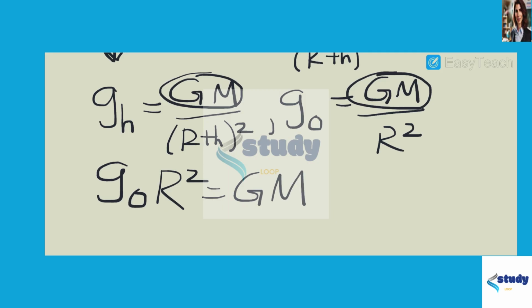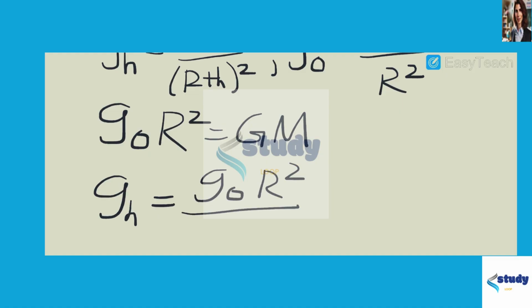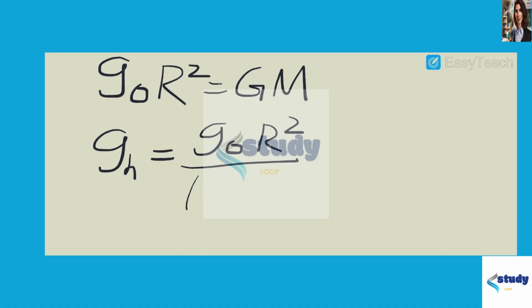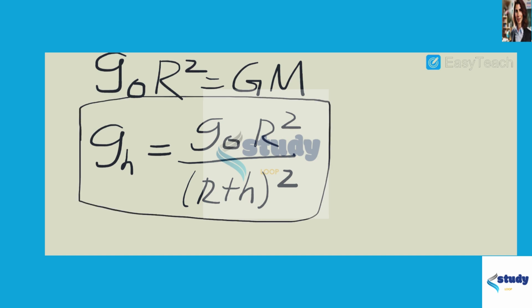And we can plug that into our expression for gh and say that gh equals the gravity at the surface of the Earth, r squared, all over r plus h squared. So this is actually our expression for the gravity at a height h above the surface of the Earth.